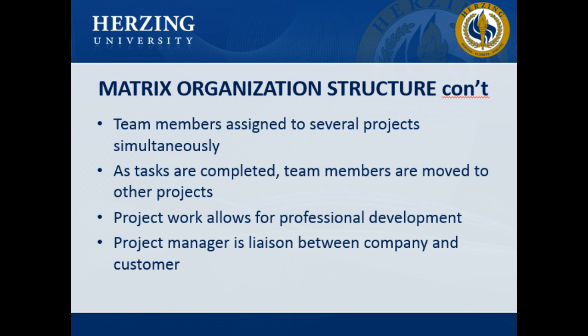With this structure, there is another piece that plays into how the objectives are going to be met and how we're going to satisfy the customer. We must consider the role of the functional manager.